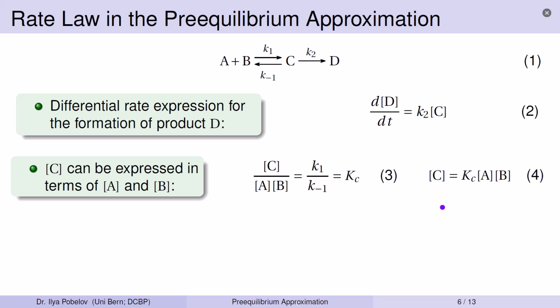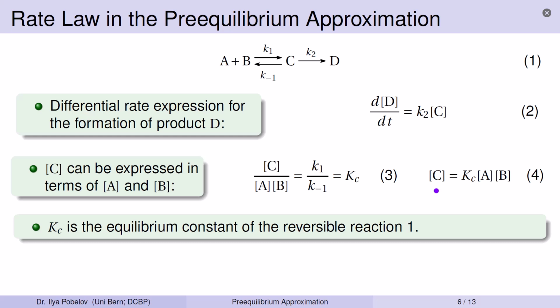This leads to the following relationship. The concentration of C equals Kc times the concentration of A times the concentration of B. Here, Kc represents the equilibrium constant of the reversible reaction 1, defined as the ratio of the forward and backward rate constants.